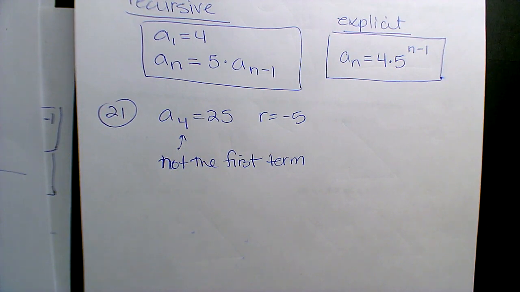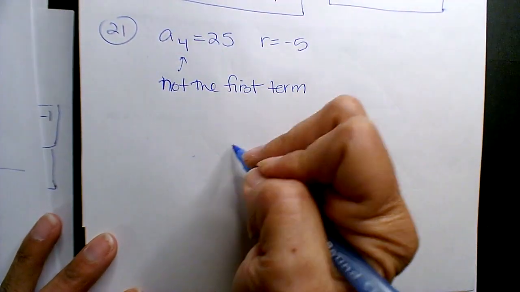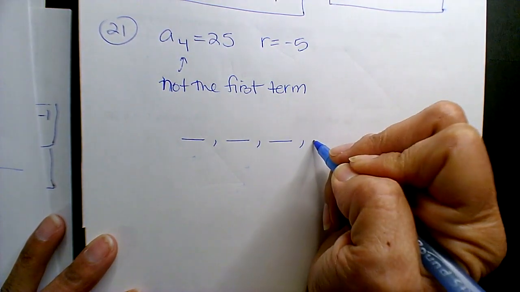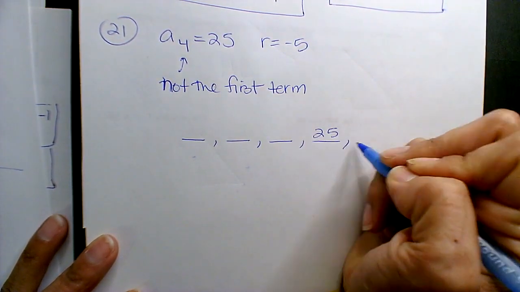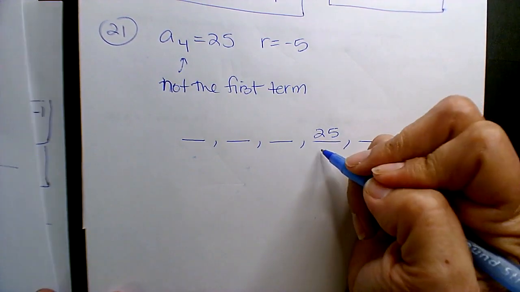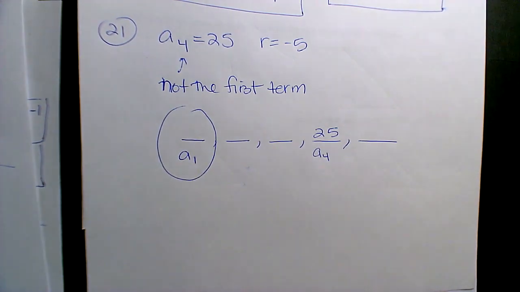Okay, so look, here's what I mean. First, second, third, 4th term is 25, right? Because this is 1, 2, 3, 4th term. This is a sub 4. I need this one, because that's what the formula has, a sub 1.